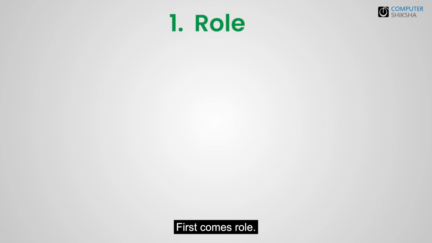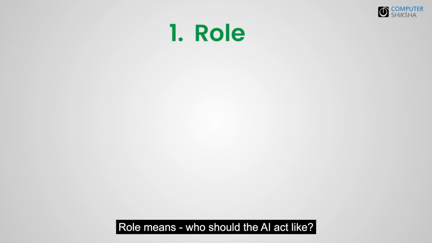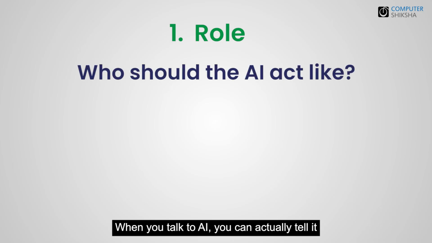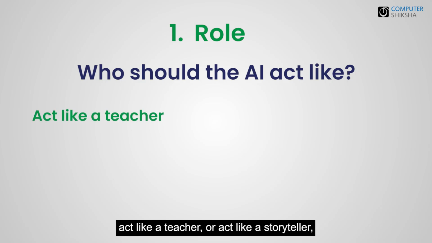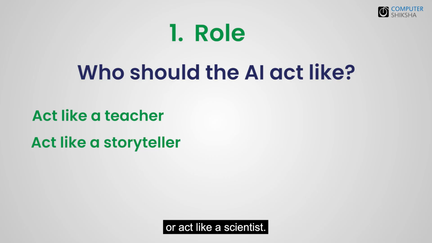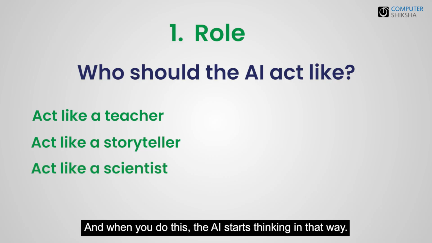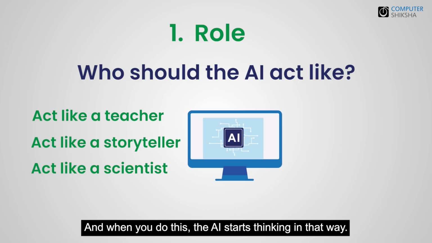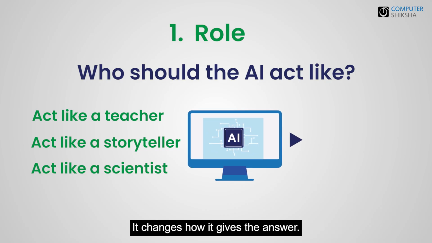First comes role. Role means who should the AI act like? When you talk to AI, you can actually tell it, act like a teacher, or act like a storyteller, or act like a scientist. And when you do this, the AI starts thinking in that way. It changes how it gives the answer.